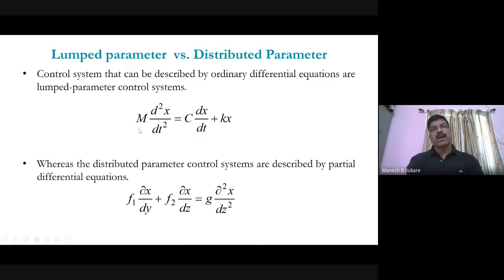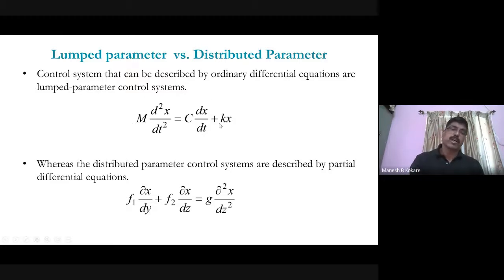For example, this is nothing but the force equation of the mass system. This is the force equation of the dashpot, and this is the force equation of the spring element and so on. So mass, dashpot and spring are individual elements, and we can call that a lumped parameter control system.